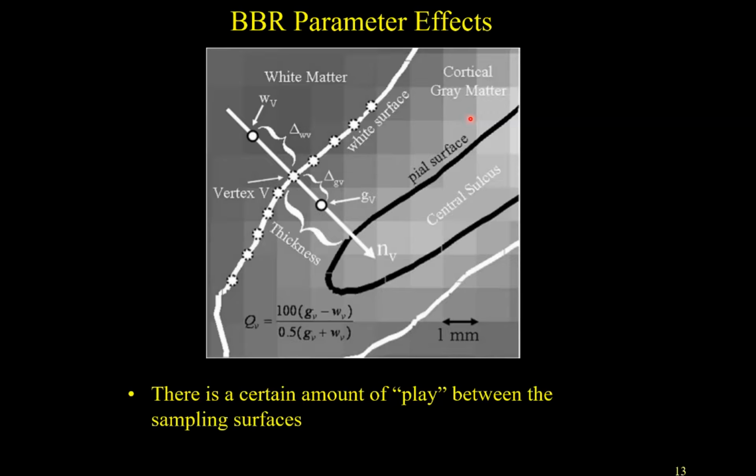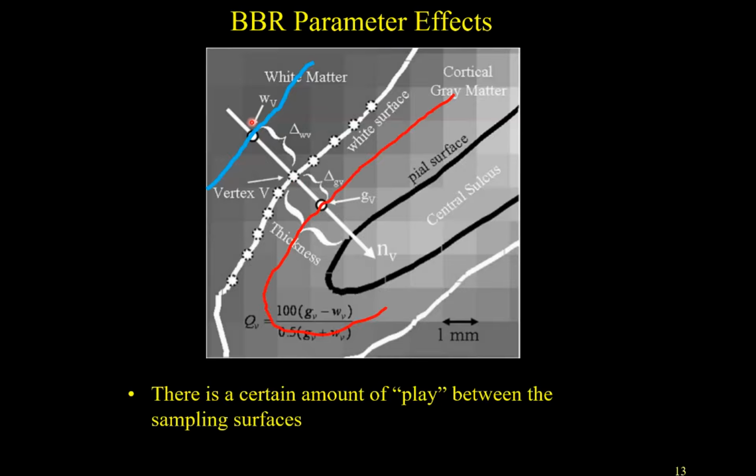You can have parametric effects in BBR. By that, what I mean is, you have these parameters that I was just describing, and there's a certain amount of play in BBR. The way that BBR is essentially working, you can think of it in this way, is that it's creating two surfaces. One surface is the white matter surface projected back into the white matter.